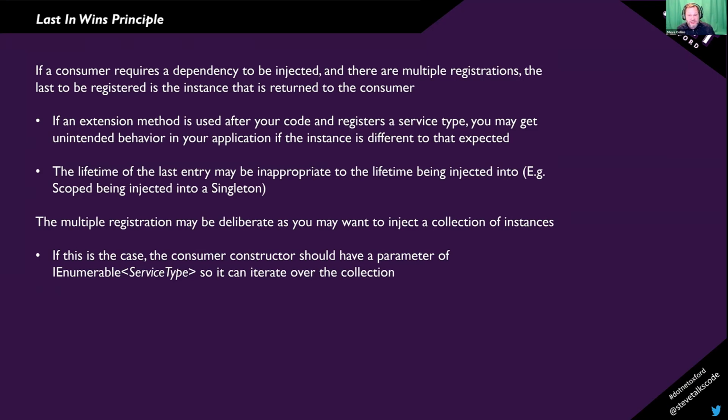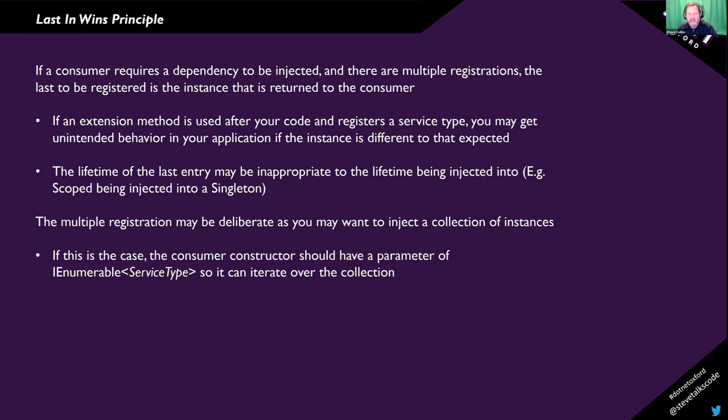So if you call an extension method after your registration, that extension method's registration is going to win. Conversely, if you come in after the extension method, yours will win. So you need to give some thought when you're in your ConfigureServices about if you're calling extension methods that might be touching certain registrations after yours, what the effect is.